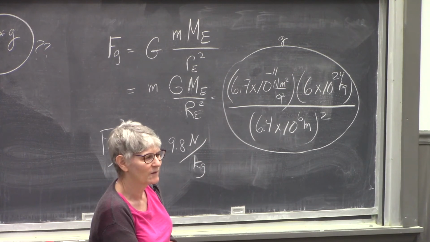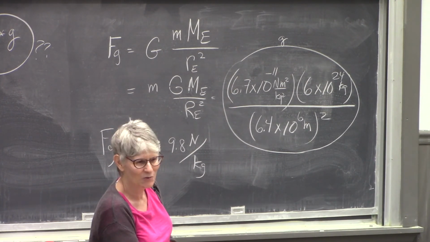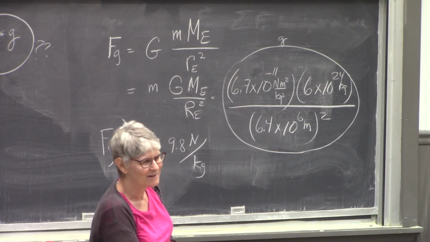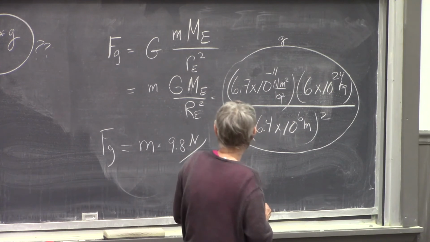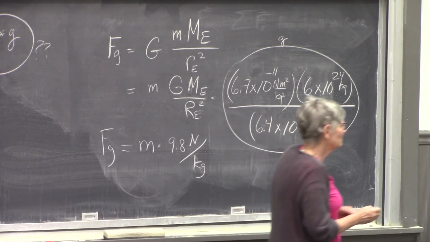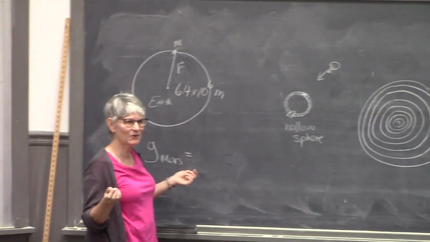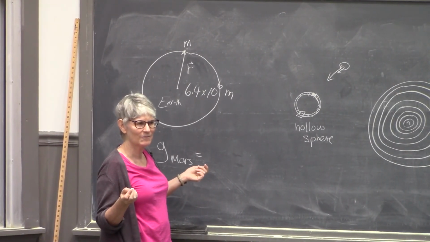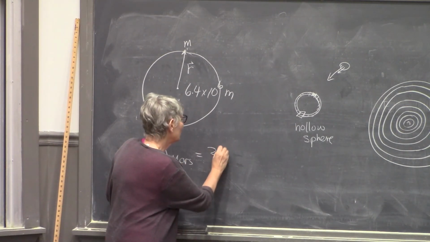What'd you get? Almost there. 3.7? Did other people get 3.7? Okay, we'll say 3.7. You really need to work it out.